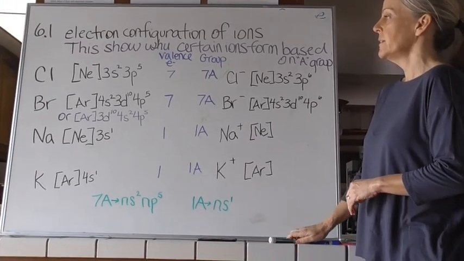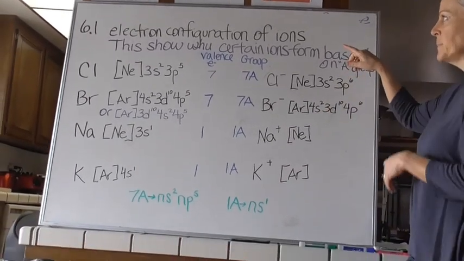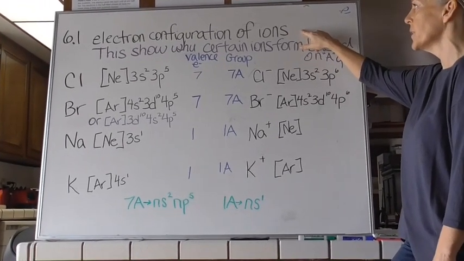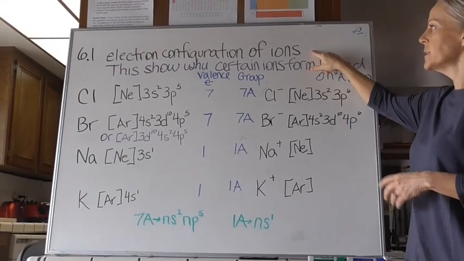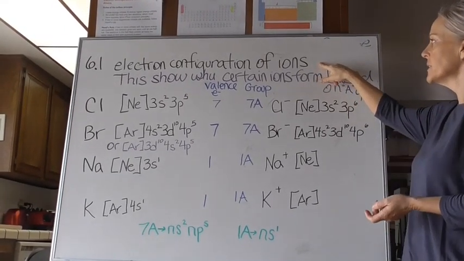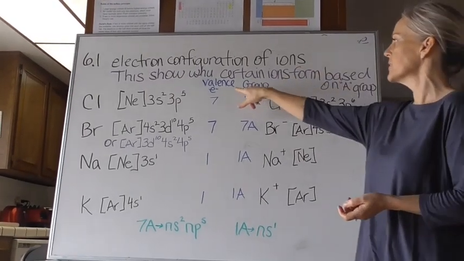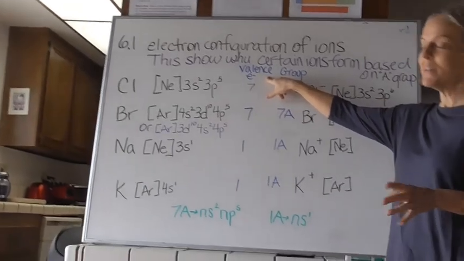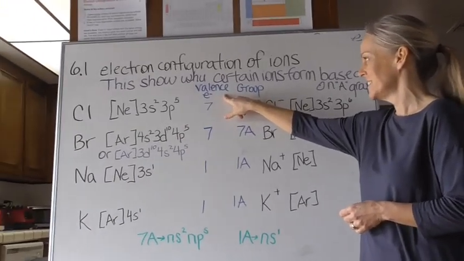So 6.1 needs some explanation because this explains why ions form. So ions form, if you remember, to make the atom more stable. And for us, stability in terms of valence electrons is some magic number. So the magic number, remember, is 8.